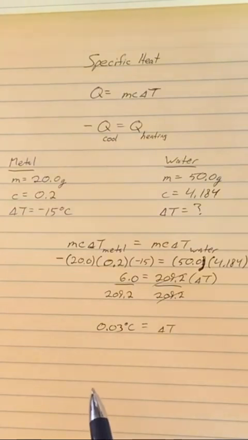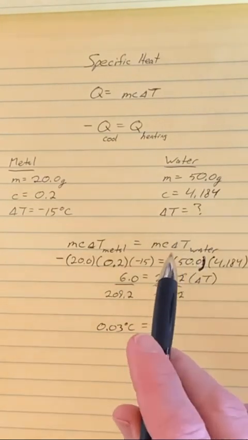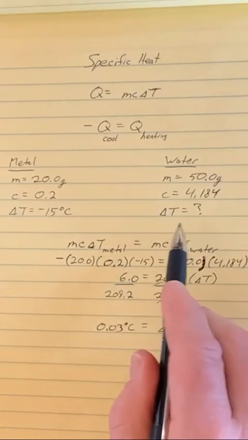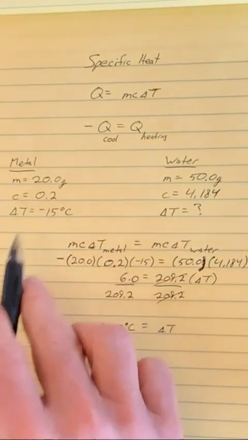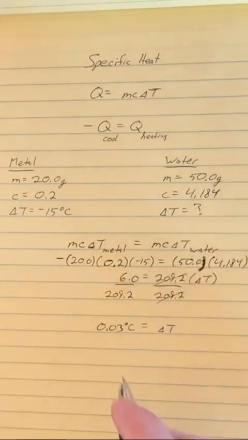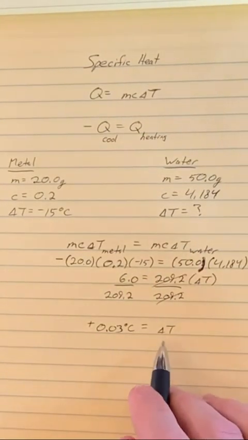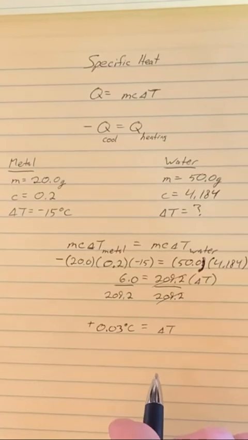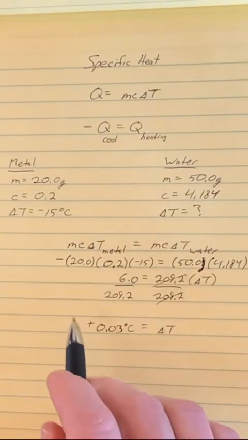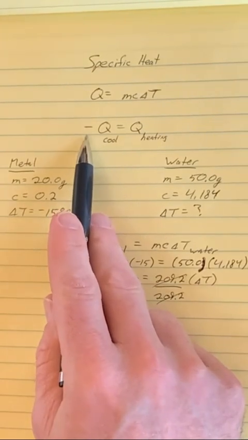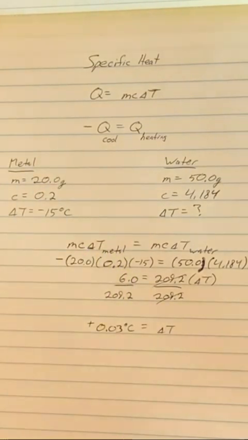You can't have both the metal and the water cooling as a result. One of them has to get warmer. So we know that the metal is cooling down, the water's got to warm up, so that's a positive, so water will warm up ever so slightly. And that just goes to show again that this negative sign up here is important for showing the direction.